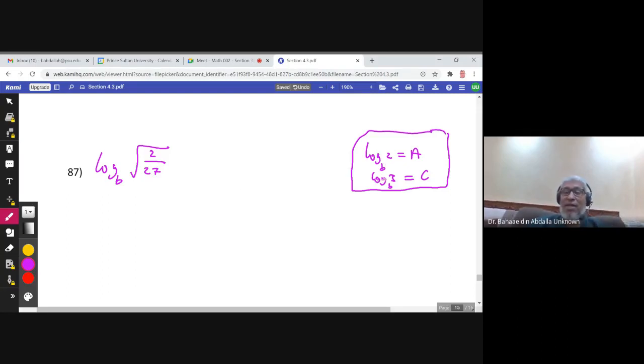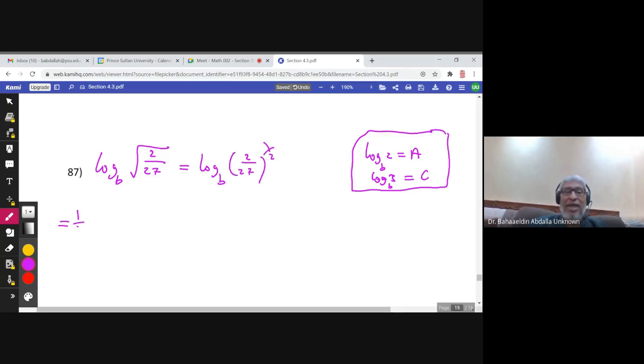If you write log of square root of 2 over 27 in terms of log 2 and log 3, you will write it in terms of A and C. So first thing, this square root, I need to get rid of it. So I will write it as 2 over 27 all to the power half.